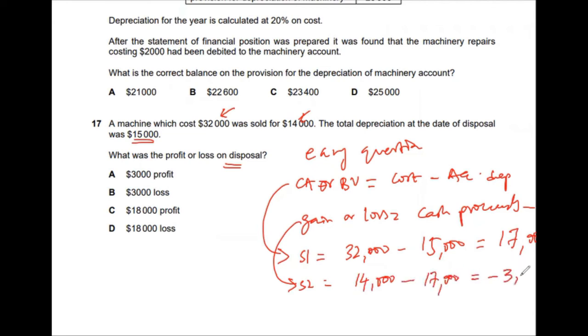So I have a loss of $3,000, and the correct answer to multiple choice 17 is option B. Fairly easy question. Just need to remember the formulas and apply them. Application is equally important, and I hope this can help you understand these questions better.